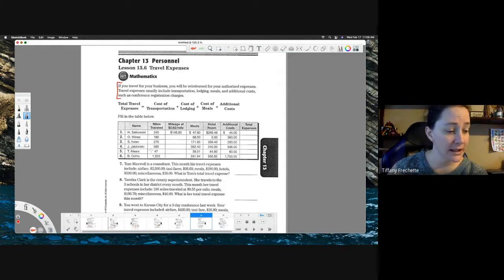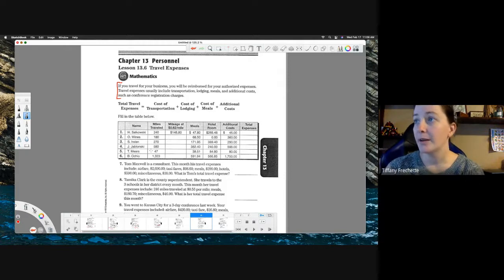So really, most of the calculations here are pretty straightforward. One thing that you would not necessarily know right away is calculating the mileage. So in this table, it gives us quite a few employees, and then the miles that they had to travel in order to get to this conference or whatever it is they were going to.